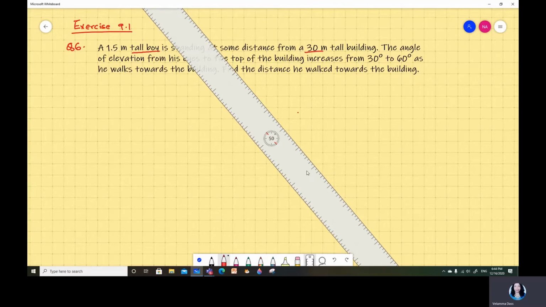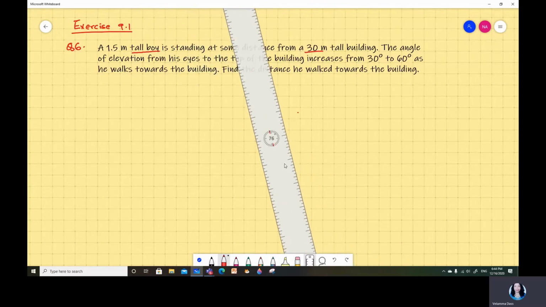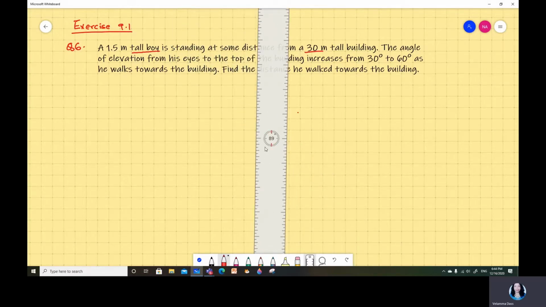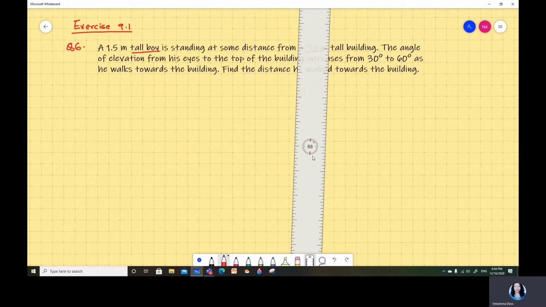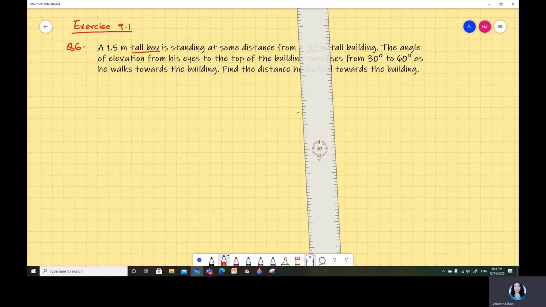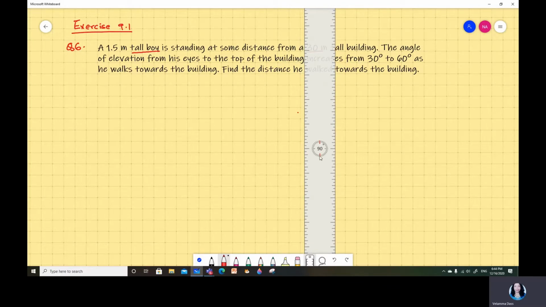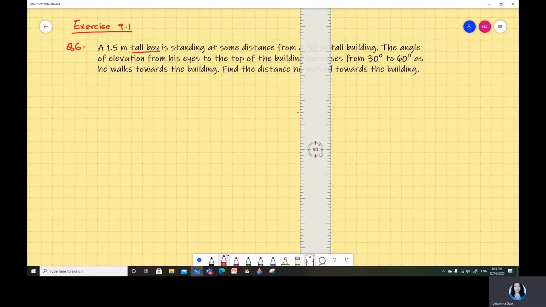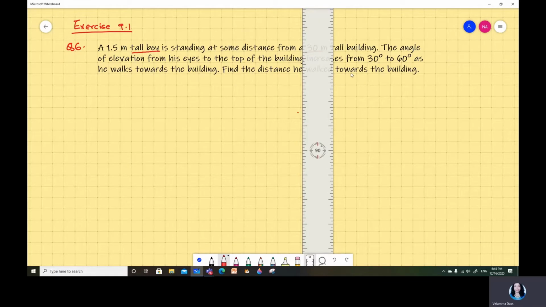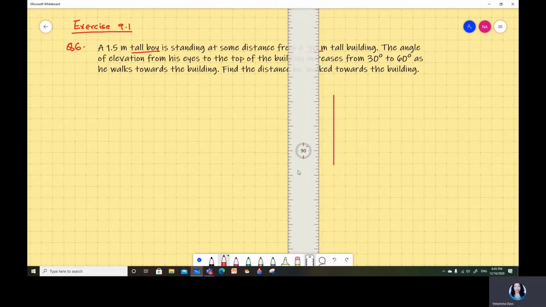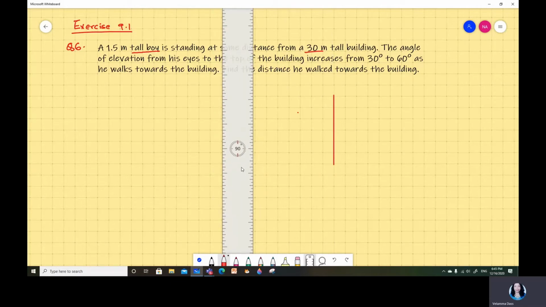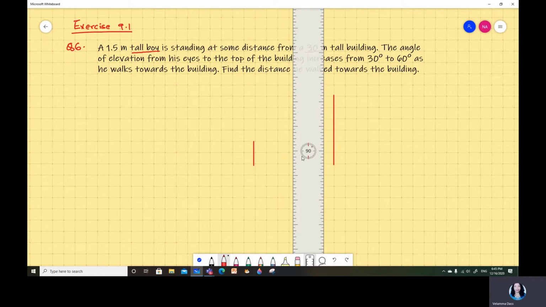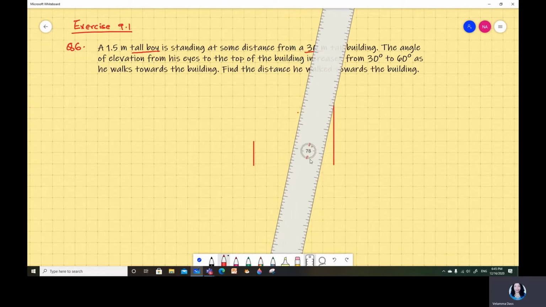I'll draw first a building and a 1.5 meter tall boy. So here we can find a boy is there. Let's take a straight line. There are only two objects we have identified: one is a building and the boy.